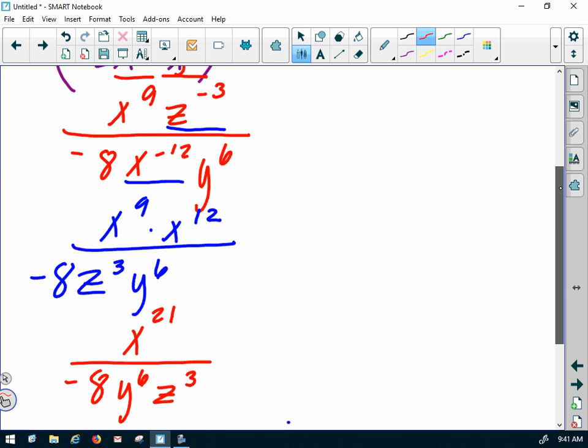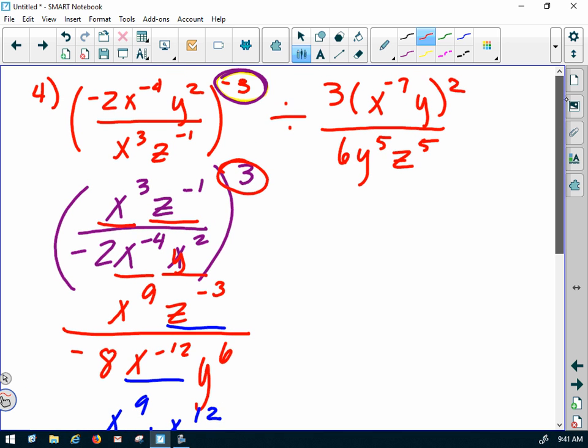Now, guess what? We still got to do this other one. So, divided by, is that 3 right there raised to the 2nd power? No. Power of a product. I got two things multiplied together that I'm raising to the 2nd power.